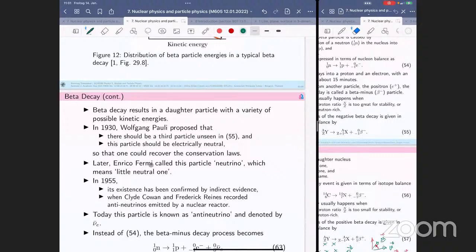He proposed that, and later Enrico Fermi, who is well known in nuclear physics and quantum mechanics, called this particle something else. Because he lived in Italy, he used his language every day and called the particle that Pauli mentioned the neutrino.